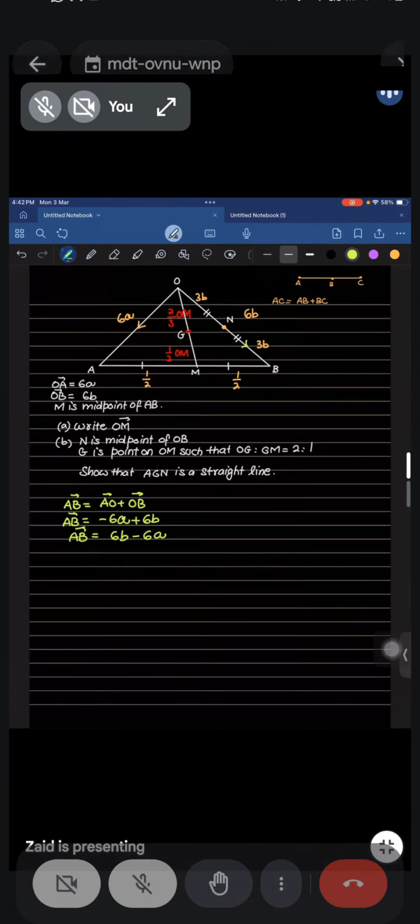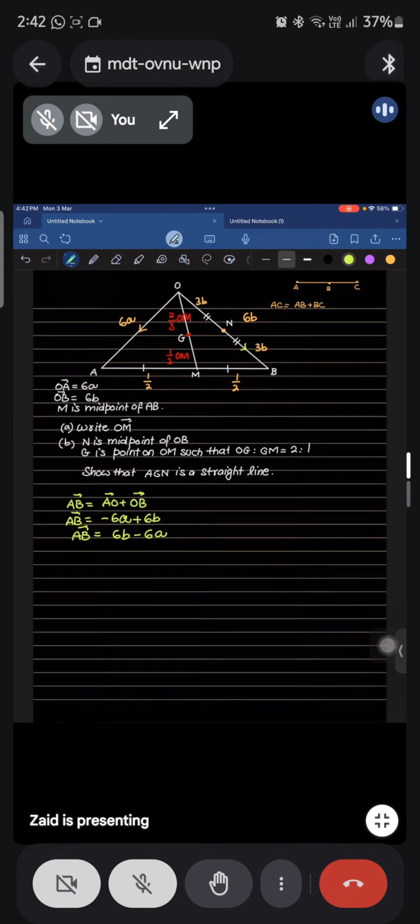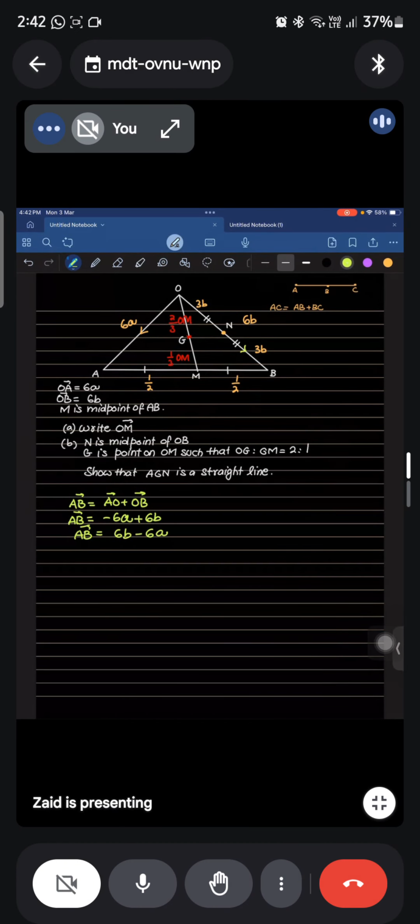Now, I have to find OM by the way. Either I can find AM or MB. AM is 1/2 of AB, so that's going to be 3B minus 3A. You can do it both ways.